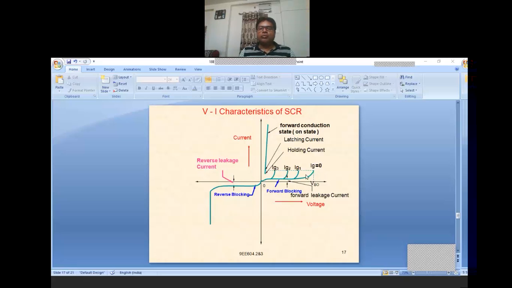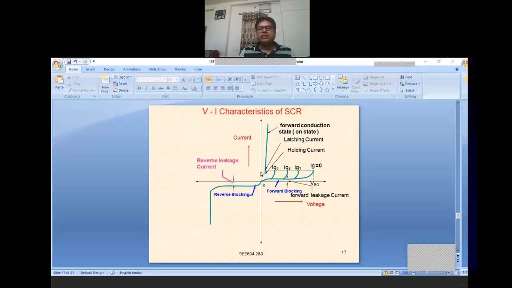But when it breaks down at the forward breakover voltage, heavy current conducts through the SCR as if it is a closed switch or as if it is short circuited, and so the voltage drop across the SCR falls to a very low value, which can be seen over here.